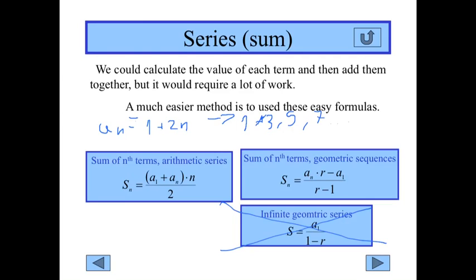The sum is going to be adding them up, 1 plus 3 plus 5 plus 7. And the same thing applies for the geometric sequences. You just add up the terms.